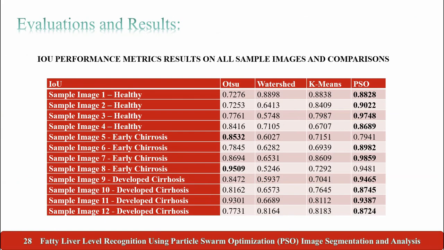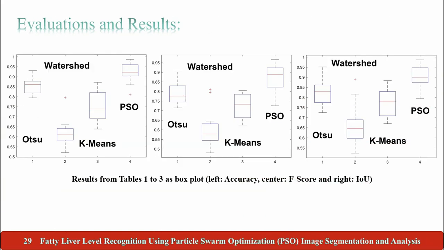For IOU or Jaccard performance metrics, we also have 2 samples, 5 and 8, where Otsu outperformed others, but in the other samples PSO outperformed them. Here we can see the results for accuracy, F-score, and IOU from left to right, for different algorithms as a box plot. As we can see, PSO is always closer to 1 than the others.